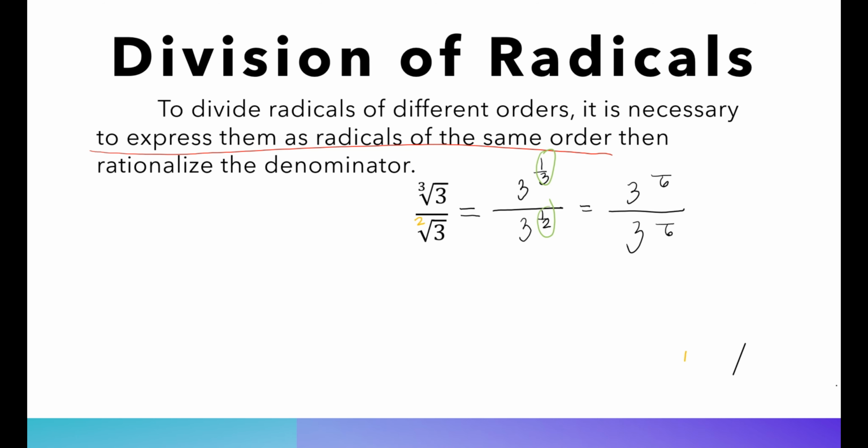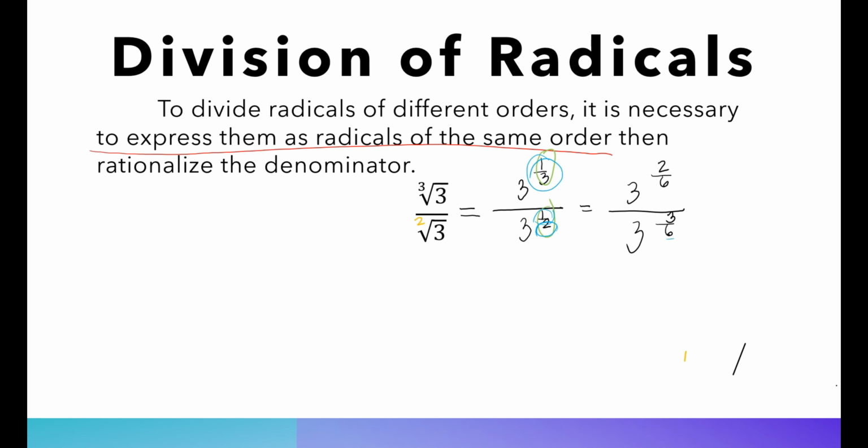And then we have to divide the LCD by the denominator of this exponent and then multiply it by the numerator. Okay, 6 divided by 3 is equal to 2, times the numerator 1 is still 2. 6 divided by the denominator 2 is 3, multiplied by 1, that would still be equal to 3.